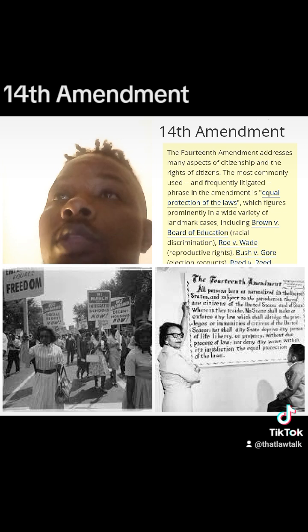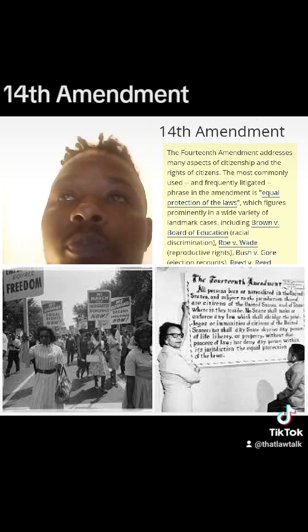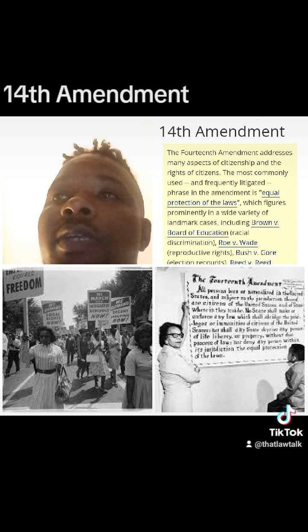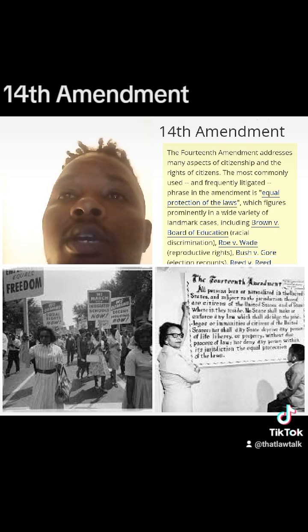But let me continue. Privileges or Immunities Clause. This clause prohibits states from making or enforcing laws that abridge the privileges or immunities of citizens of the United States. While the Supreme Court initially interpreted this clause narrowly, it has gained broader significance in subsequent cases. Due Process Clause. This clause prohibits states from depriving any person of life, liberty, or property without due process of law.